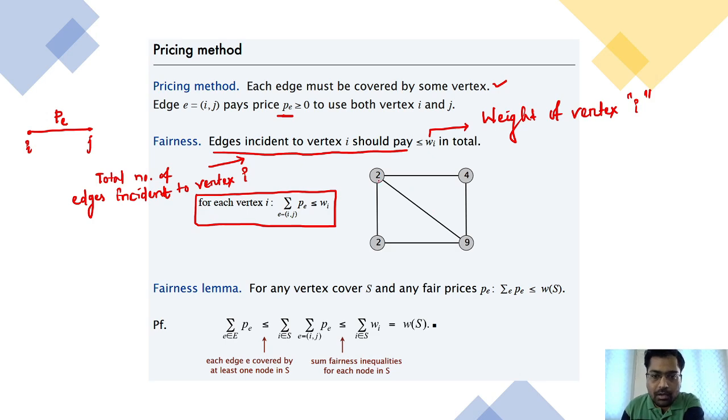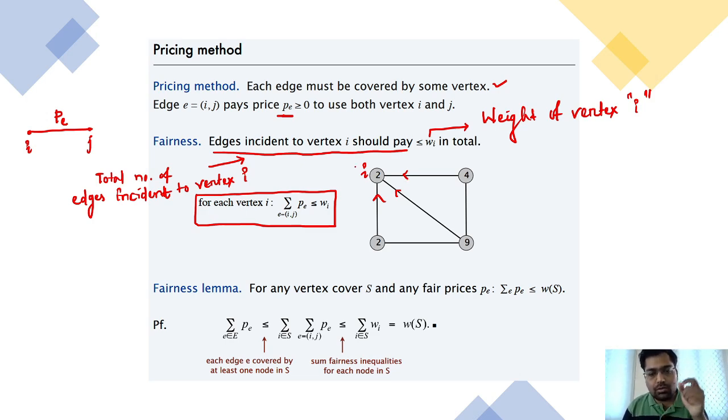So 2, 4, 9, 2, these are the four vertices with four different weights assigned here. Suppose I'm just focusing on this as our ith node. For this node we have three incident edges, though it's undirected. Undirected means it's bidirectional in a sense. So we have three incident edges.